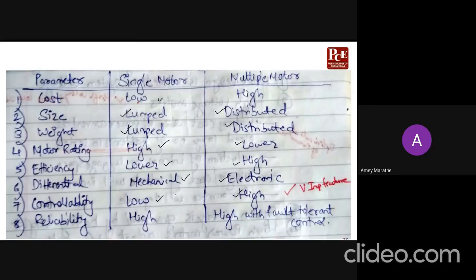And reliability: here it is highly reliable, but with multiple motors reliability is high with fault tolerant control. So say, for example, if some fault happens in the system, there will always be a fallback mechanism. So in terms of multiple motors, we will always have a fallback mechanism.